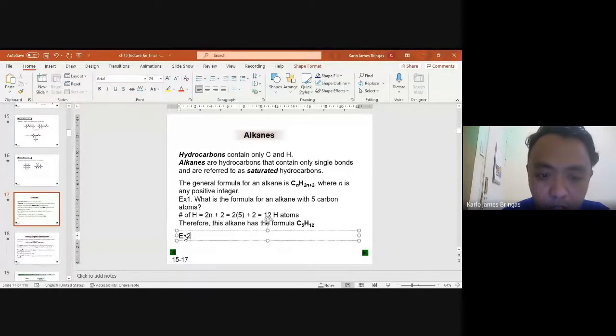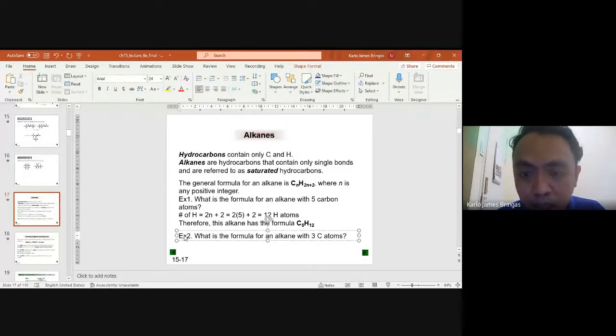So at this point, let's try another example. Please tell me now, what is the formula for an alkane with 3 carbon atoms? Can you please type in the chat box what the formula is for this alkane?